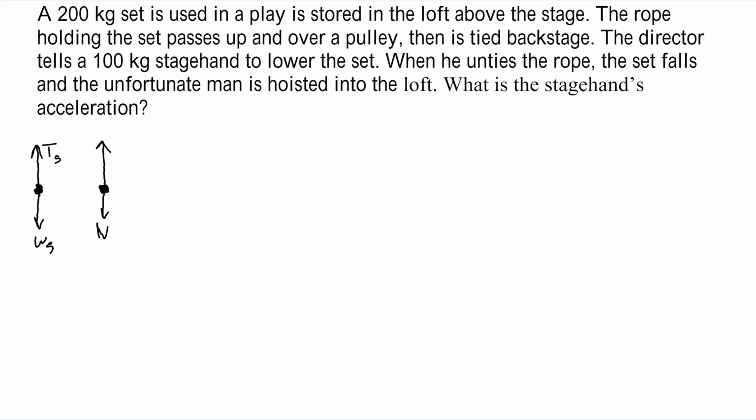So the weight of, now, I can't really use S for stagehand, so P for person. P for person. Okay, we can do that. And then the tension of the person. Does that make sense?